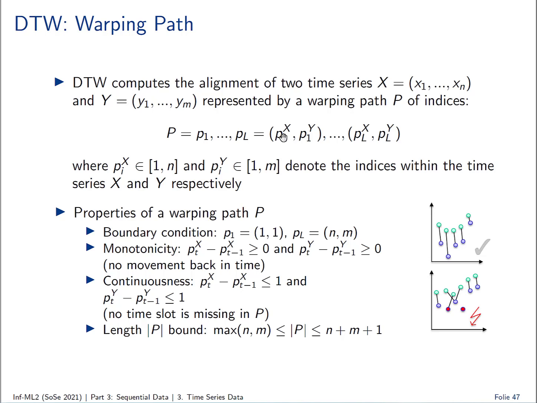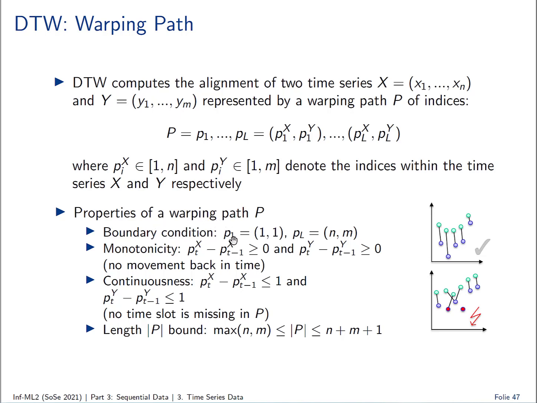The first index here will go from 1 to n, which is the length of the first time series, of course, because those are the indices from the first time series, and the second index goes from 1 to m, which is the length of the second one, obviously. And this warping path has to have some inherent properties.